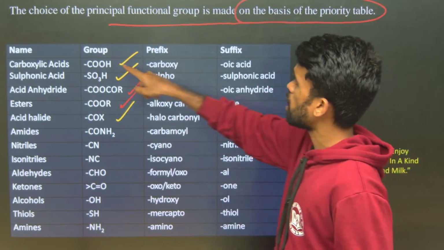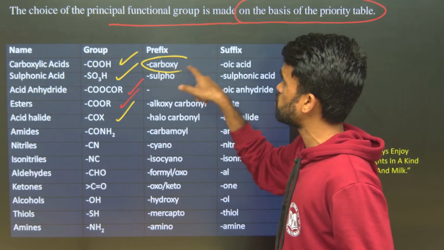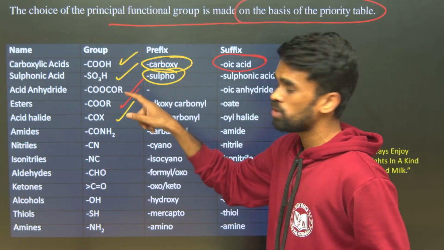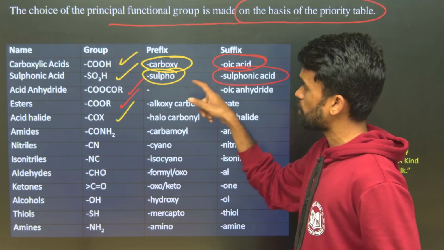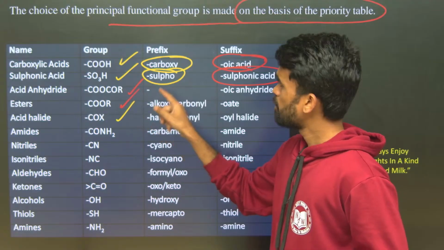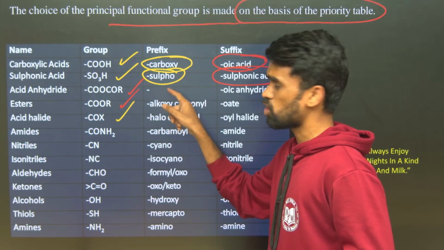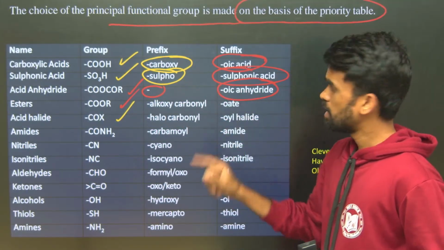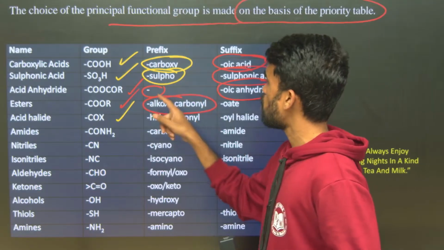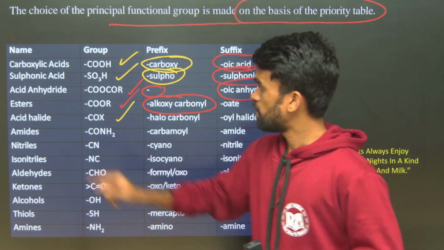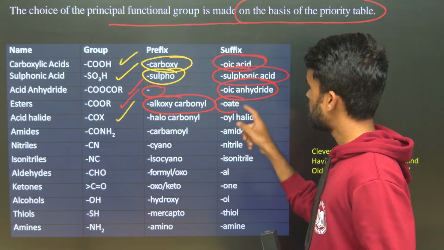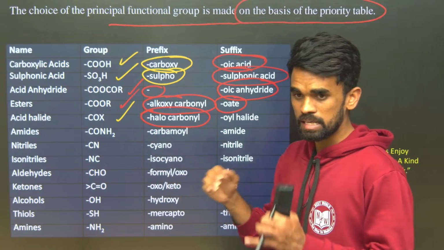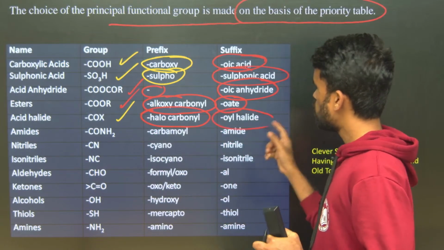For carboxylic acid, the prefix is carboxy and the suffix is oic acid. For sulfonic acid, sulfo is the prefix and sulfonic acid is the suffix. For acid anhydride, the prefix is sometimes mentioned as carboxy, but here not mentioned, and oic anhydride is the suffix. For esters, the prefix is alkoxycarbonyl and the suffix is oate. Acid halides have halocarbonyl as the prefix and oyl halide as the suffix.